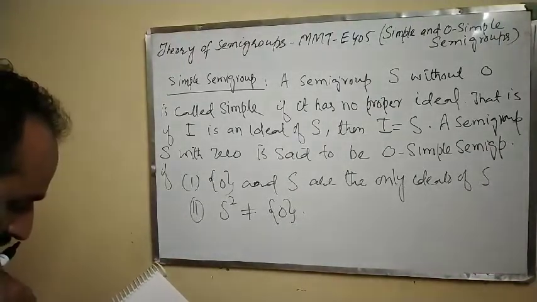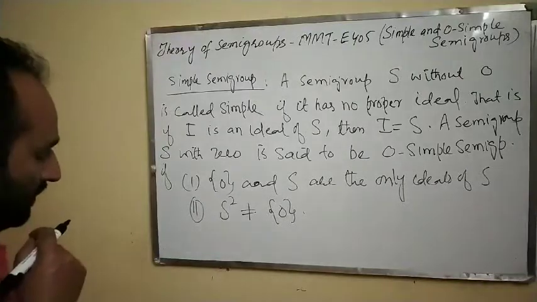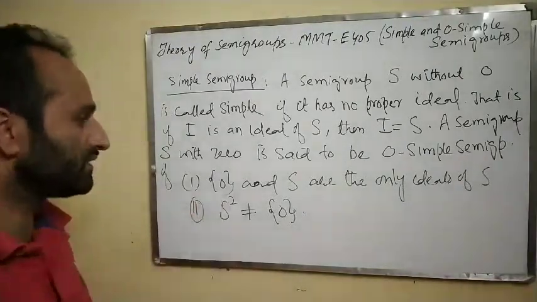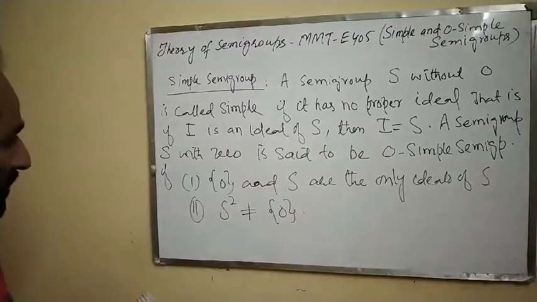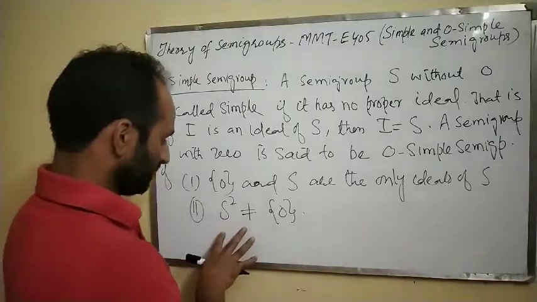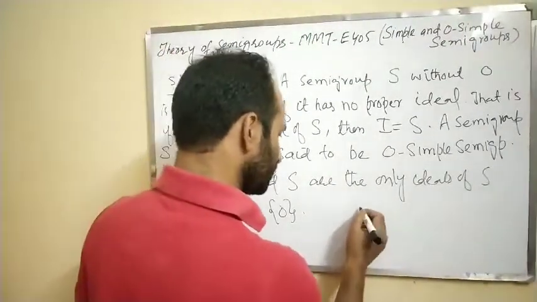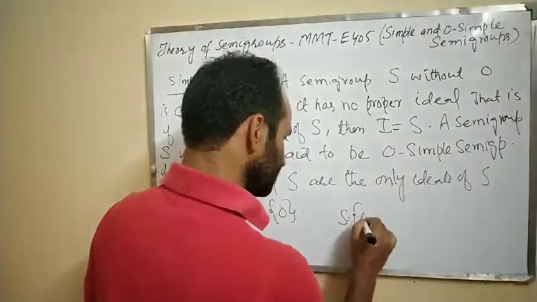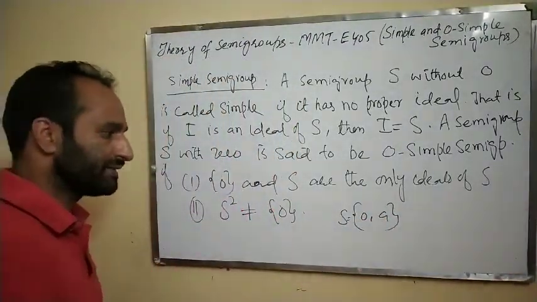So this second condition will exclude the case that S is the two-element null semigroup. Suppose S is a two-element null semigroup, say S is equal to 0 and A. Null semigroup means the product of any two elements is 0.